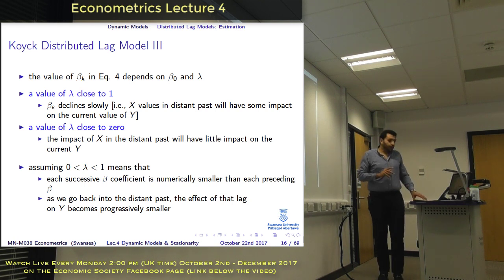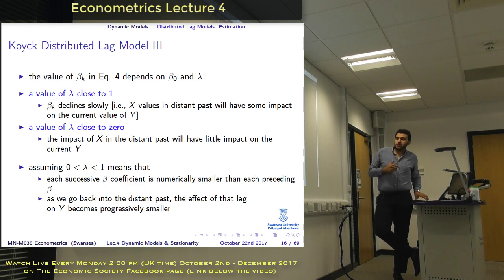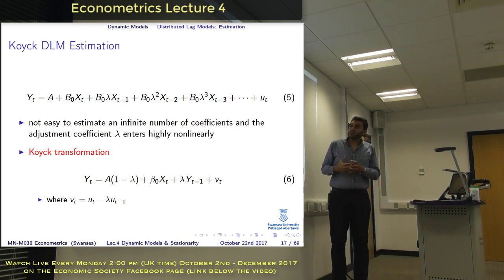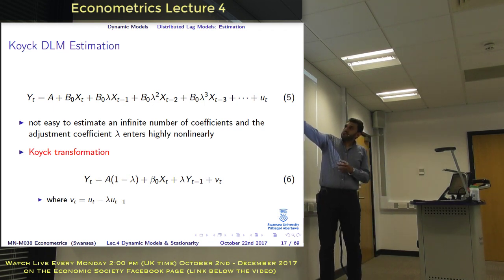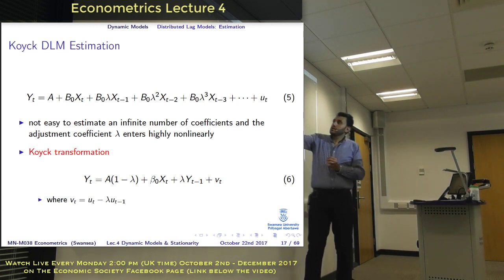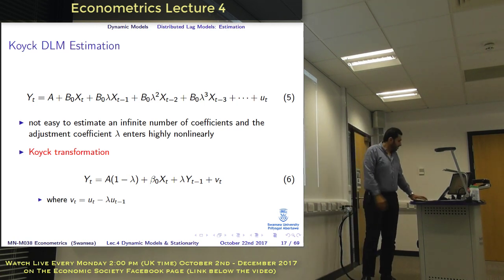So what are we going to do with this then? Let's look at the Koyck transformation. What we did here is replace beta k with its value from here.